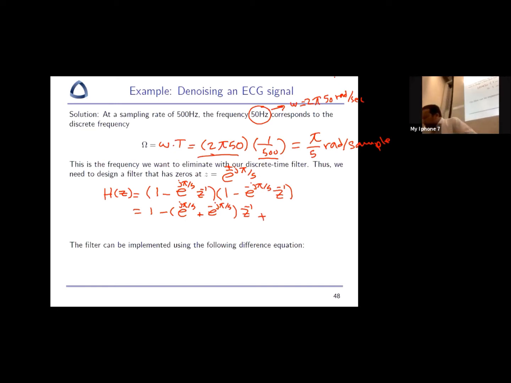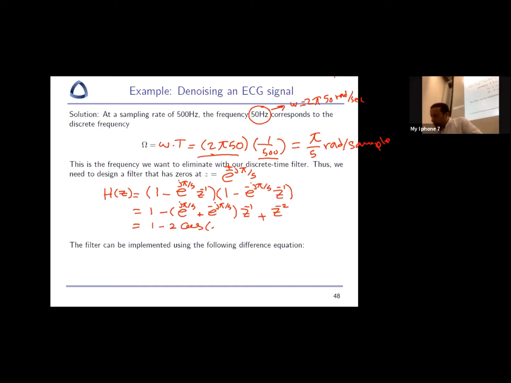Plus, when you multiply the last two terms, the exponentials cancel each other, and that gives us z to the negative 2. All right, so I can switch this to a cosine. I could use my calculator to find these exponentials either way. So this will equal 1 minus 2 cosine. Remember that we have a cosine equals, using Euler, e plus e over 2, so that's why I multiply by 2 here.